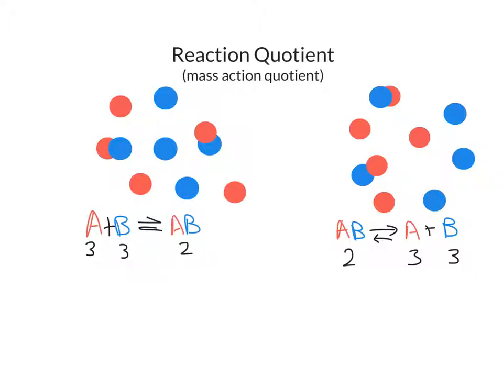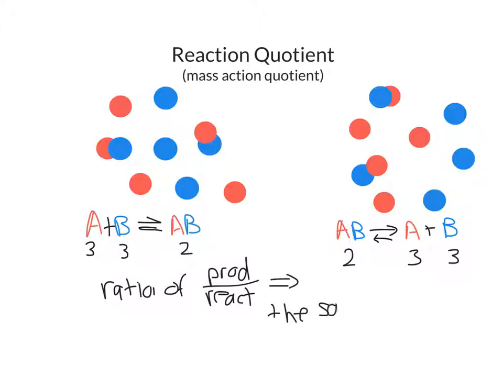And so the ratio of products to reactants will be the same no matter how or where you start the reaction. And so this ratio is very important because it defines the equilibrium point for any given reaction.